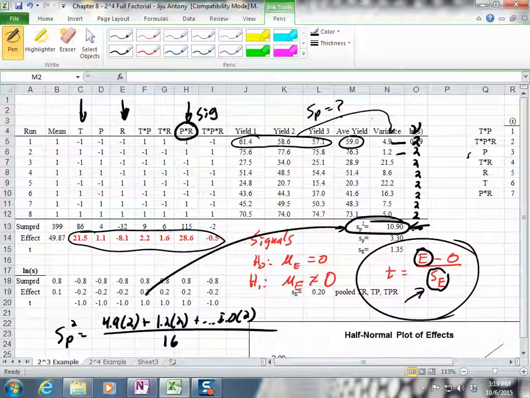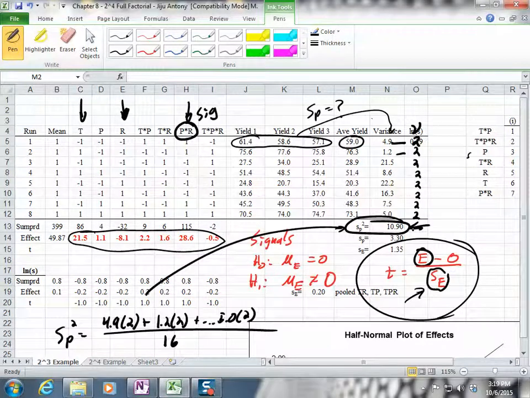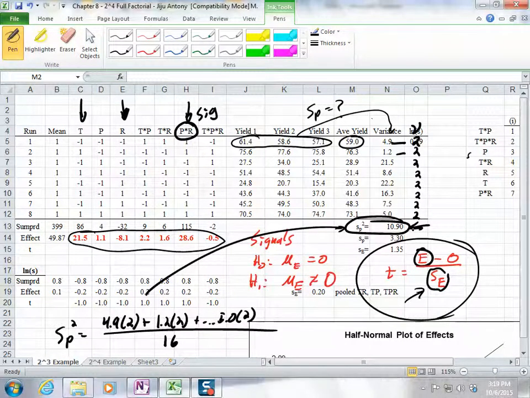If we had 16 runs, we'd have 16 of them. And we're going to weight these just like before. The weighting factor is degrees of freedom, which is how many degrees of freedom went into the calculation of the noise. With 3 data points, we burn up 1 with the average, so there are 2 degrees of freedom in that 4.9, 2 degrees of freedom that went into that estimation of the noise, and so forth.